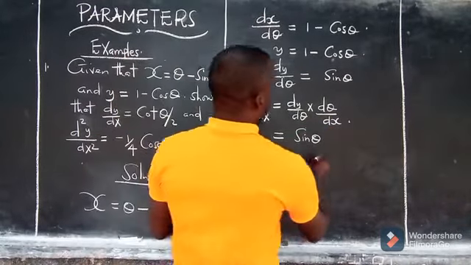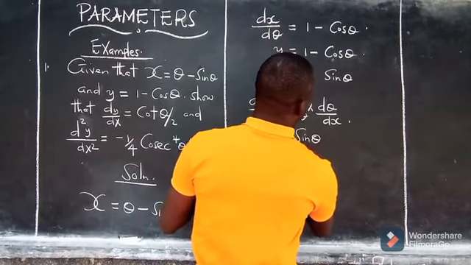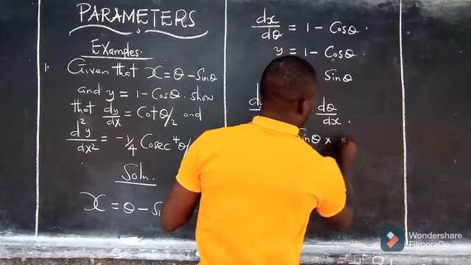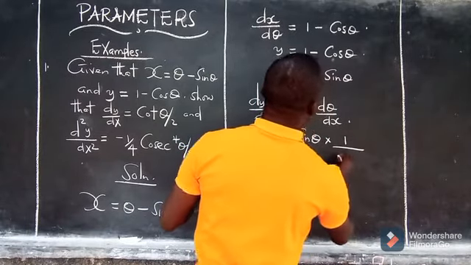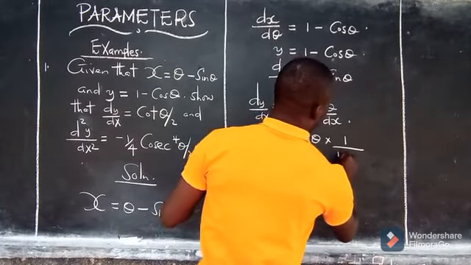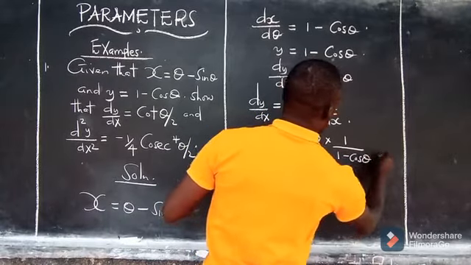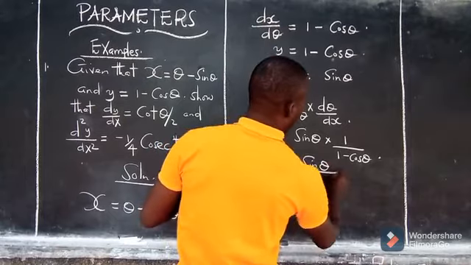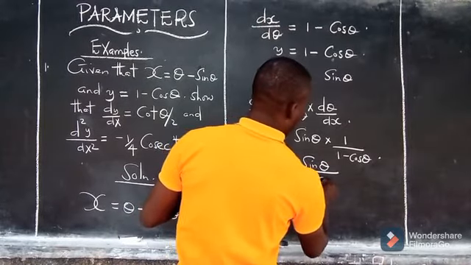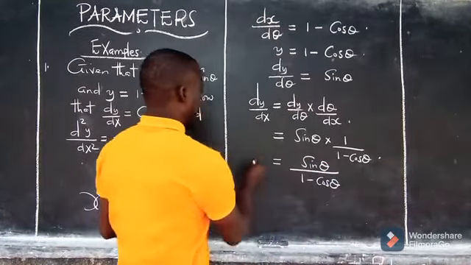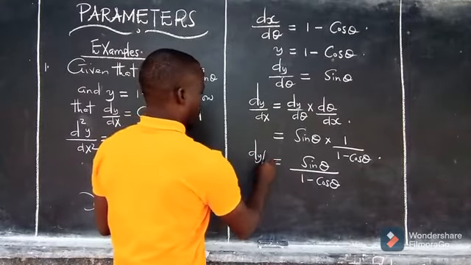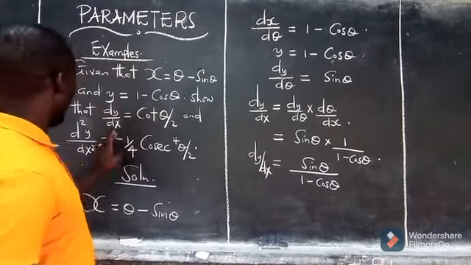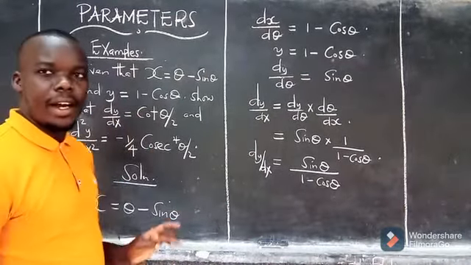So I will have this multiplied by 1 out of 1 minus cos of theta, which gives us sine theta out of 1 minus cos theta. But remember, they told us to prove that dy/dx is cot of theta out of 2.